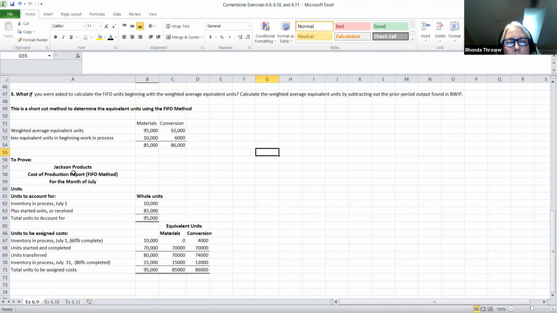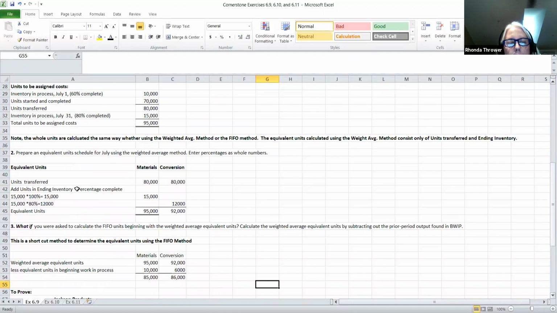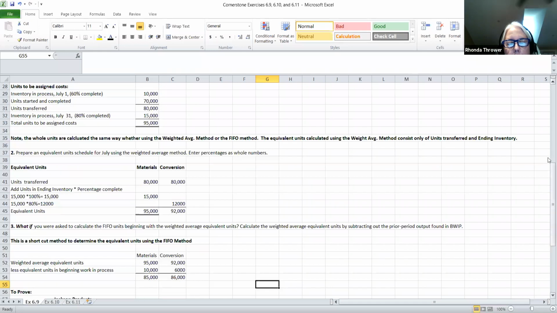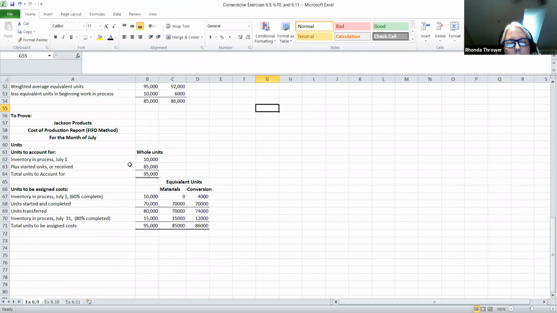You remember your whole units are going to be the same as they are for your weighted average method. Whole units are calculated the same way, whether they're weighted average or the FIFO method. So I took these whole units here and just copied it down to prove this. And when I copied them, I put it in here.